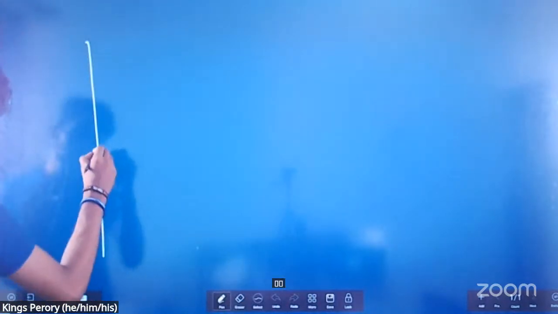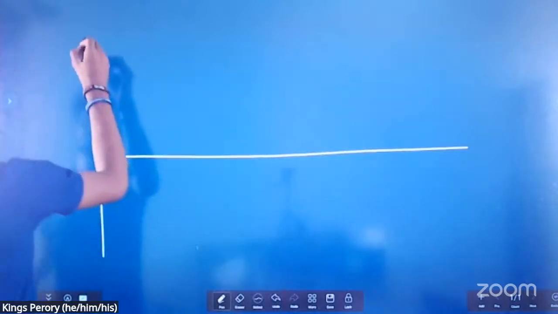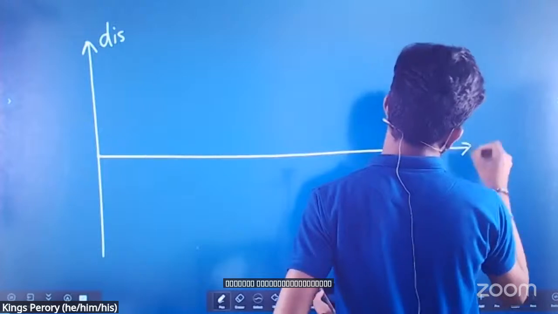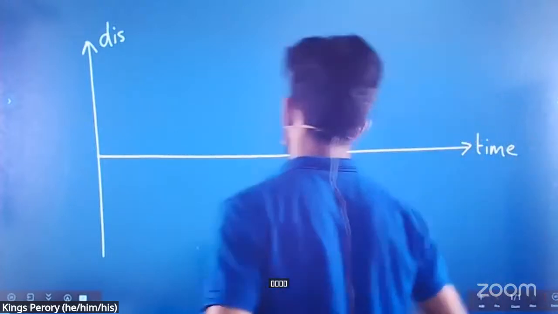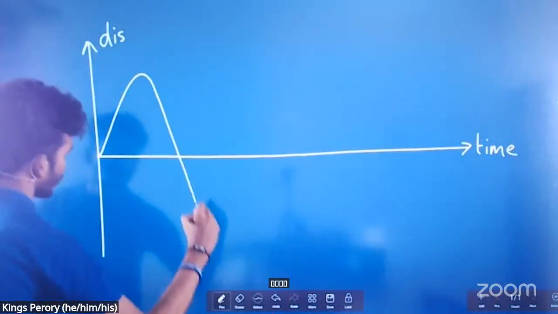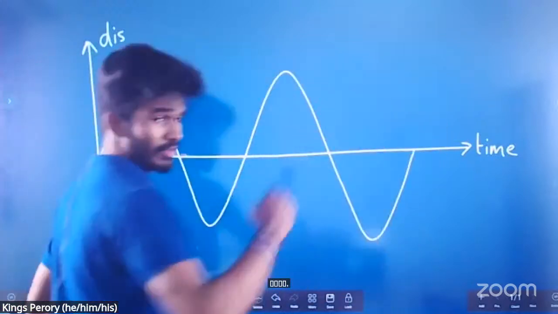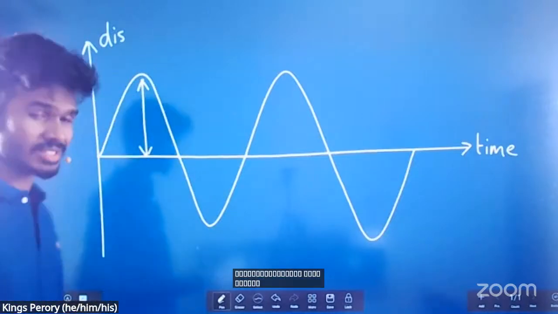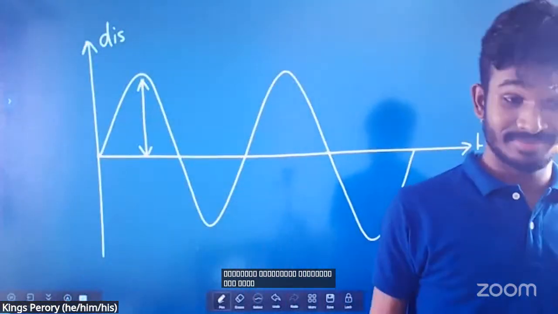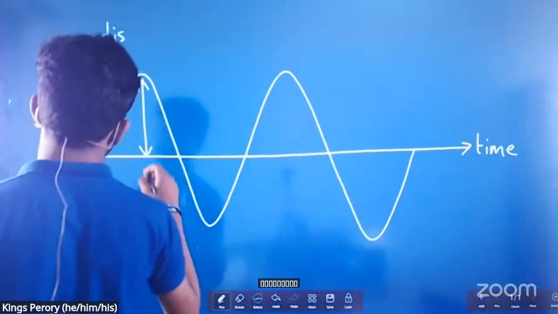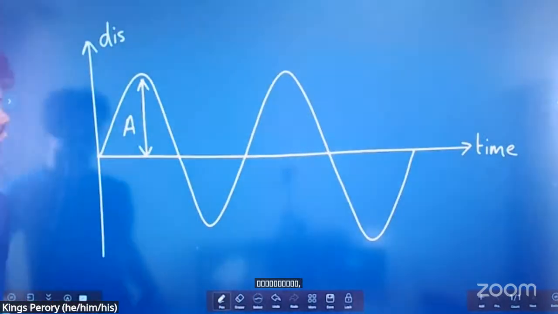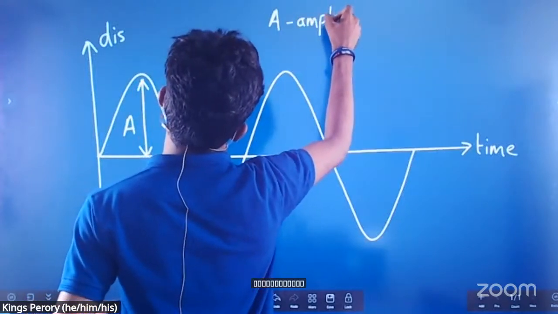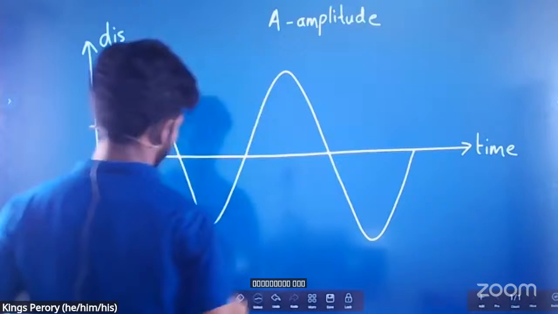Wave. I'll draw displacement versus time. In a wave, the maximum displacement of the particle is the amplitude.